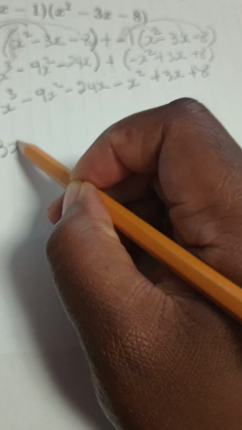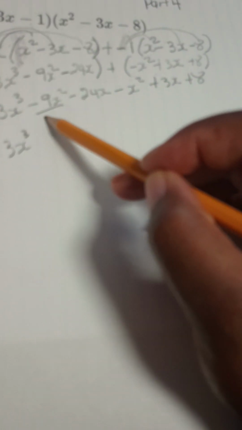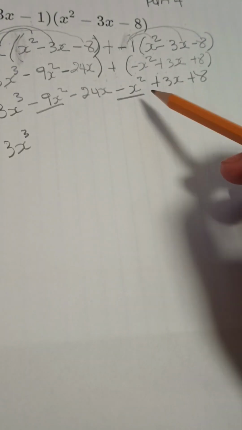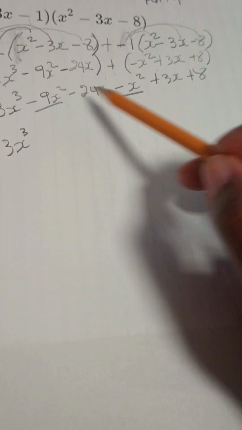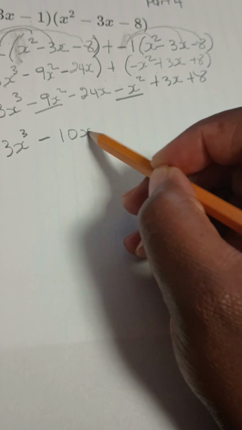So now we can clean it up and combine like terms. I have my 3x to the third power. Then I have -9x squared and -x squared, which gives me negative 10x squared.